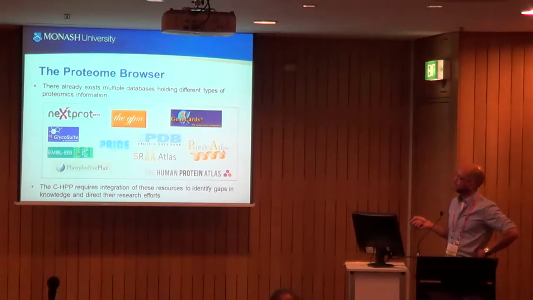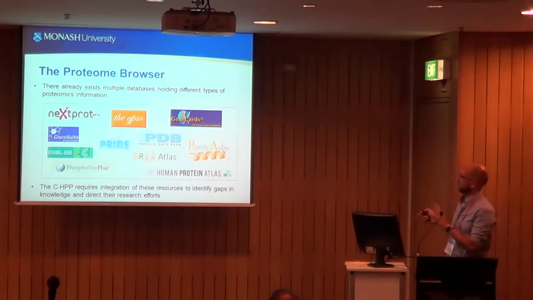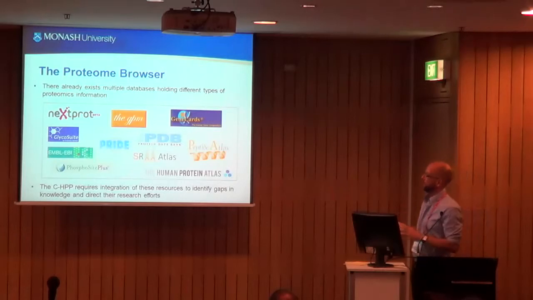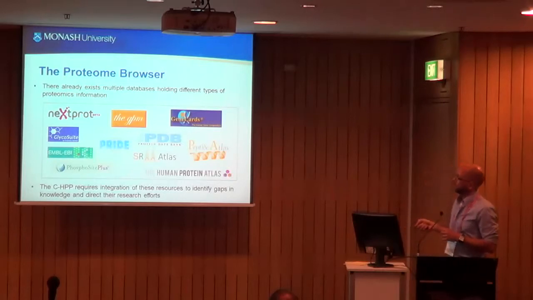So there already exist many databases that hold proteomics information, and these are just some examples here. Some of these are also genomic information, but they also hold some protein information. But NextProt is an example of a database that's curated. It's already an aggregator of information from multiple data sources, such as SwissProt, if you've heard of that.